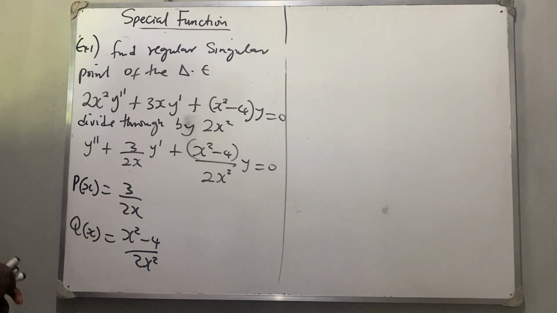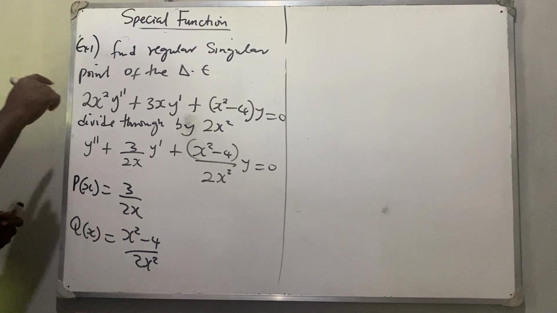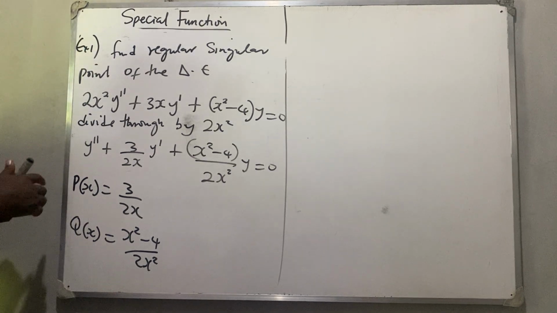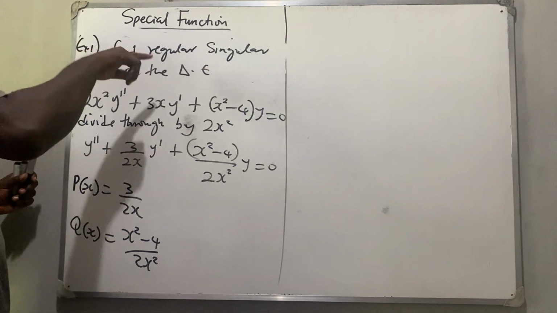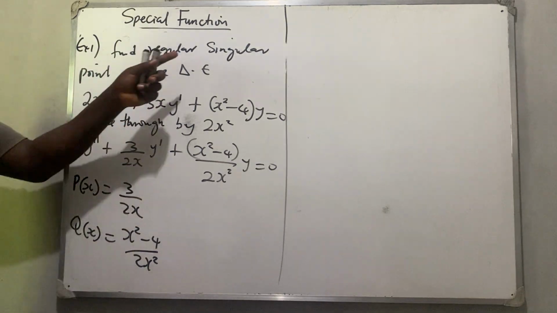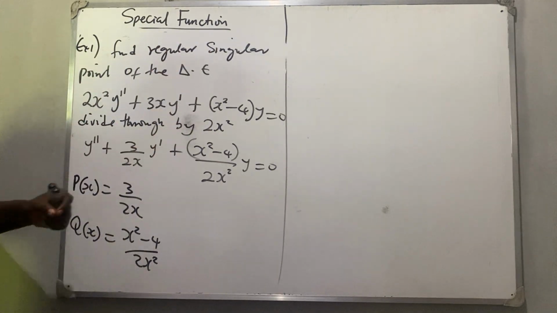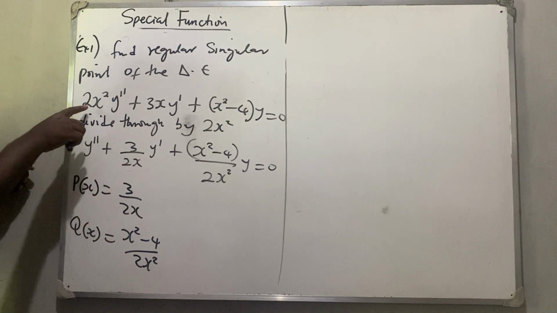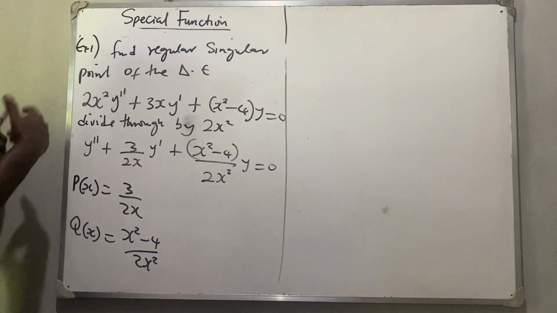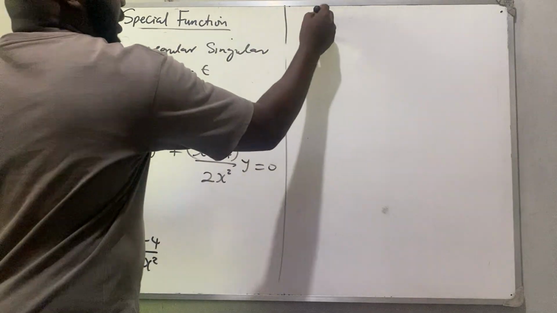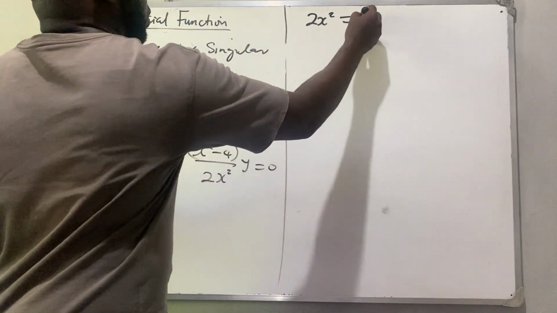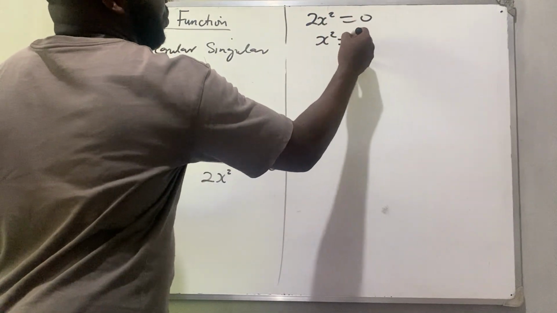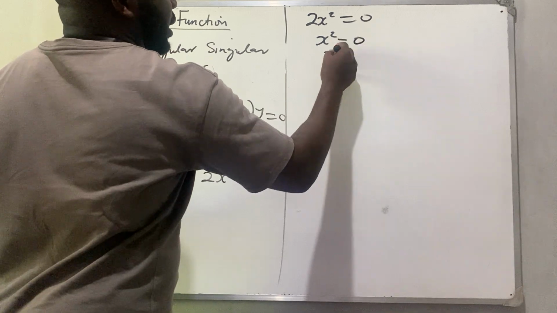In fact, if you want to check the singular point, you first of all check the singular point before the regular singular point. For us to check the singular point, you just equate the denominator coefficient to 0. So we say that 2x squared is equal to 0. So finally, x squared will be equal to 0, and then x is equal to 0.